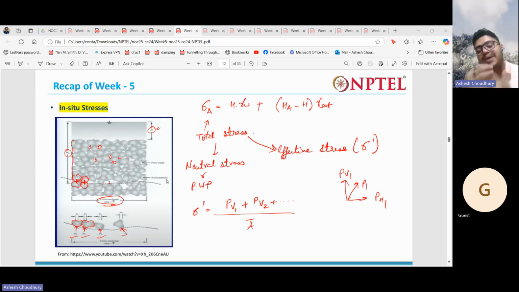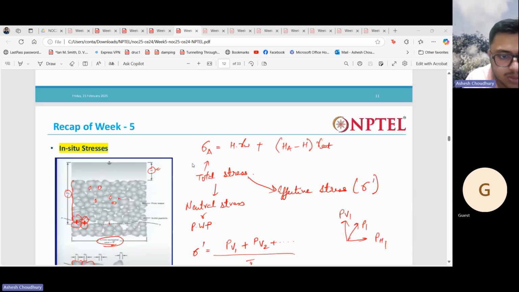The pore network in the soil will have some pore fluid, which will exert some outward pressure. If we deduct the load taken by the pore water from the total stress, we get the effective stress. We did all those things.